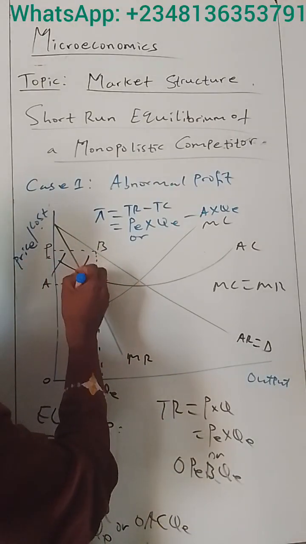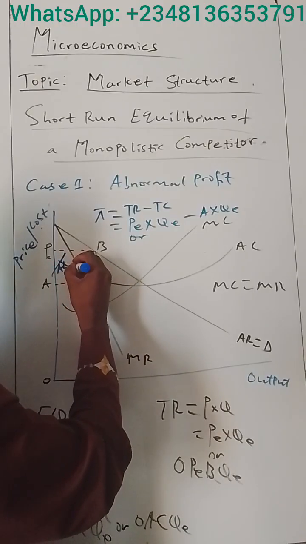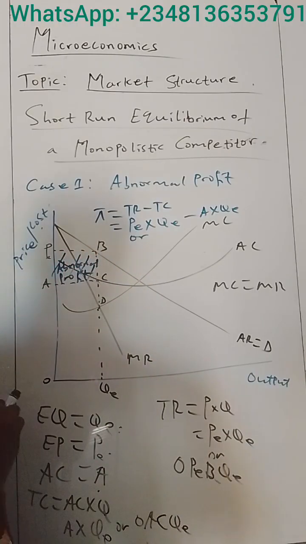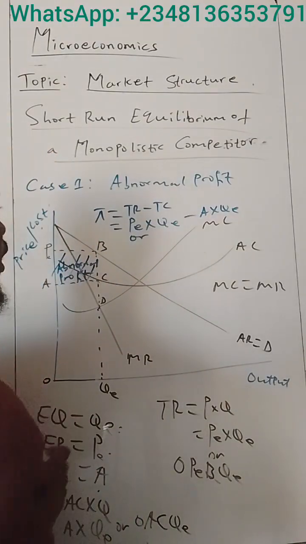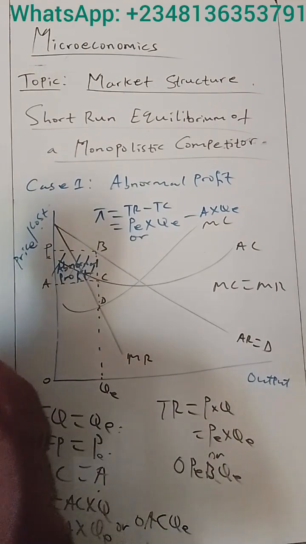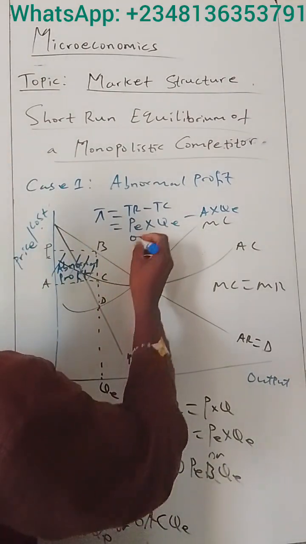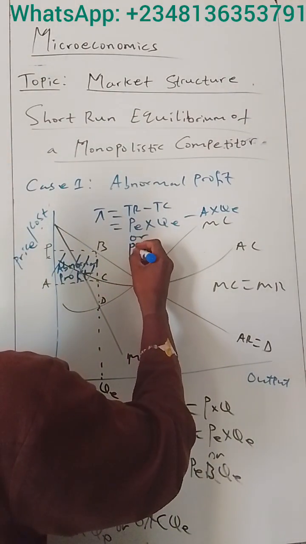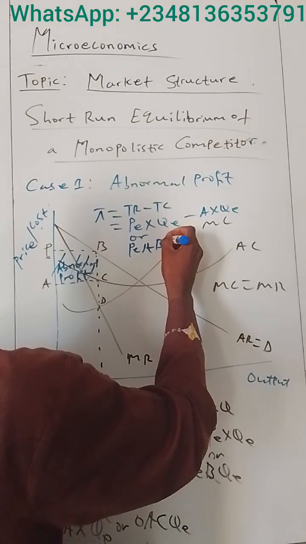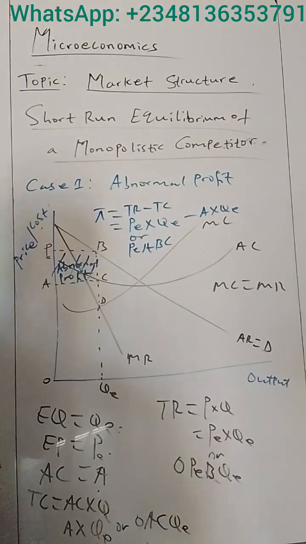This portion represents abnormal profit. We call it abnormal profit because the profit is positive. It is normal profit when the profit is zero, and when the profit is negative, we call it loss. In other words, PEABC represents the profit of the firm. This is the case of abnormal profit of the firm.